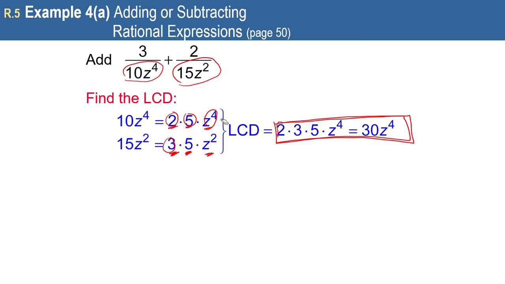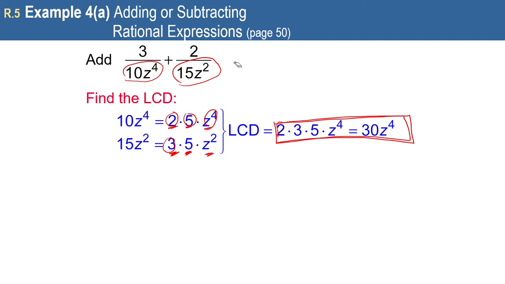Since we have the LCD, now we know what we need to multiply to get the denominators the same. If you look at 10z to the fourth, we're missing a factor of 3. So I'm multiplying the top and bottom of the first term by 3. If you look at the second term, we're missing a factor of 2z squared to get our LCD.